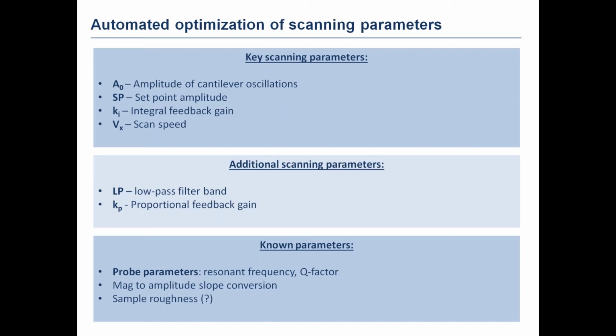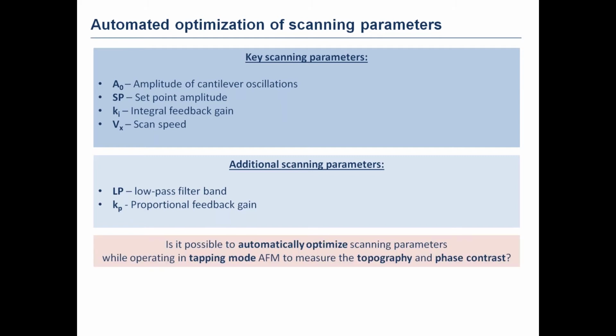We often know the sample roughness or sample stiffness or some other parameters that we approximately know before the experiment. So the question is, is it possible to automatically optimize all these scanning parameters while operating in tapping mode to measure the topography and phase contrast of the sample?